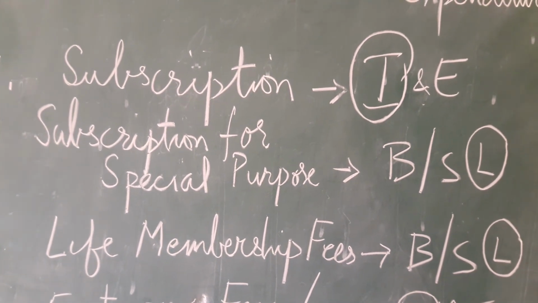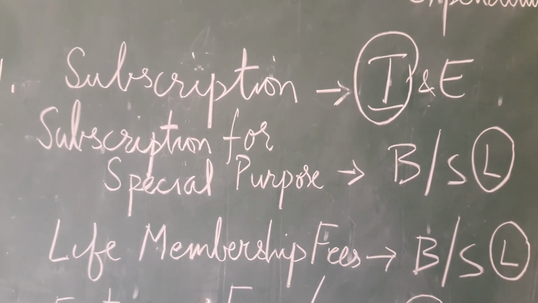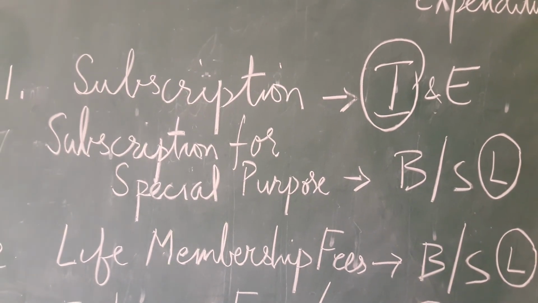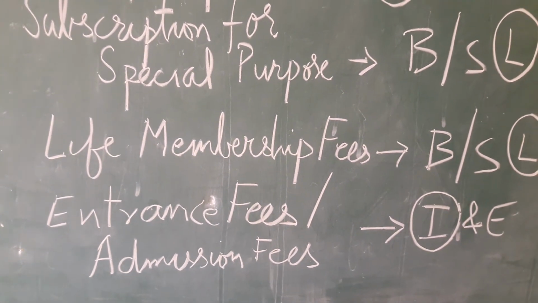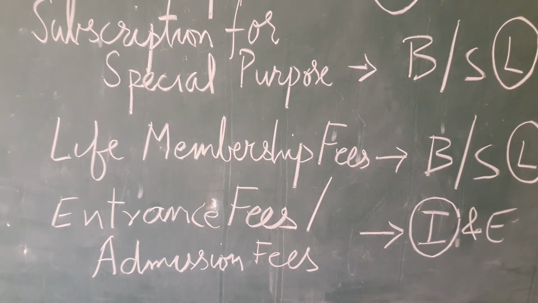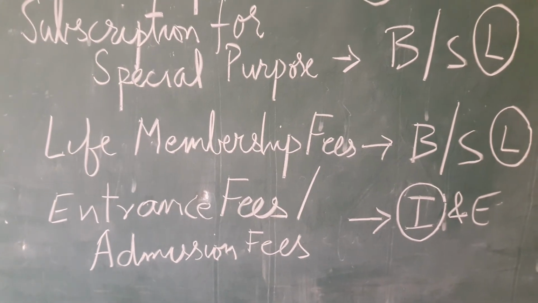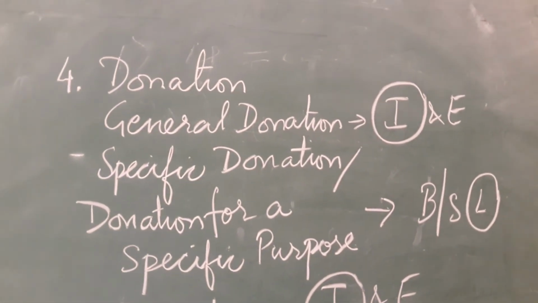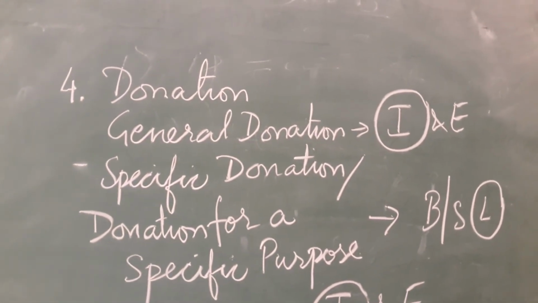Life membership fees, always in the balance sheet on the liability side. It should be always capitalized. Entrance fee or admission fee is a regular income, so income and expenditure account, income side. Donation, two thoughts on donation. General donation, income.